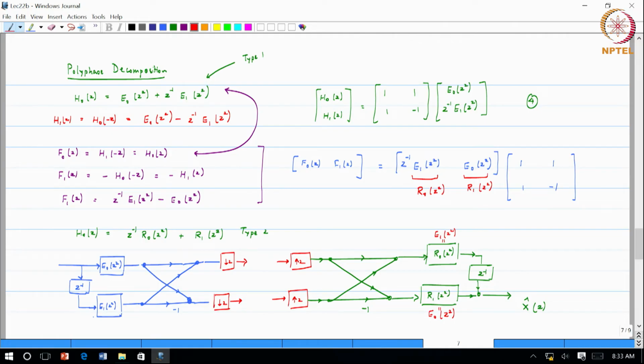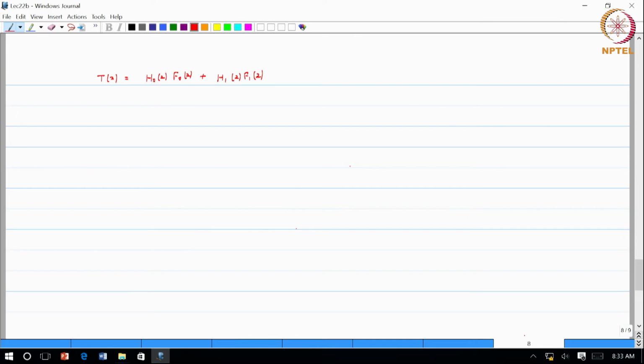So, I want to sort of work with the non multi-rate framework where they say, okay, T of Z is this. So, this can be written as F naught of Z, F1 of Z, the synthesis filters, as a row vector with H naught of Z, H1 of Z as the column vector.